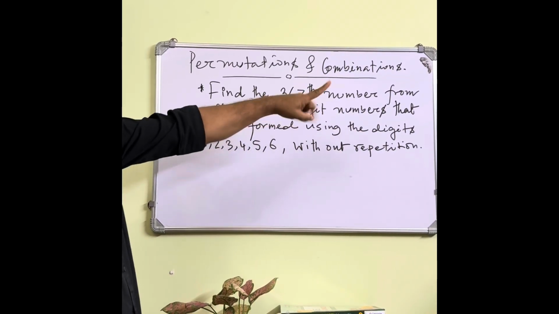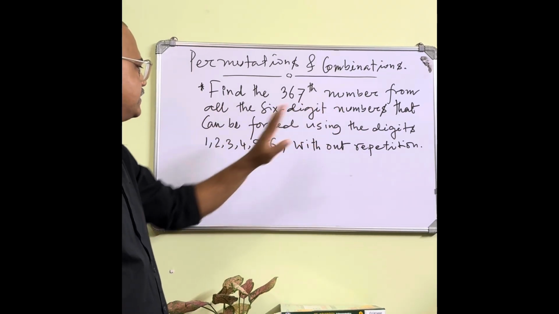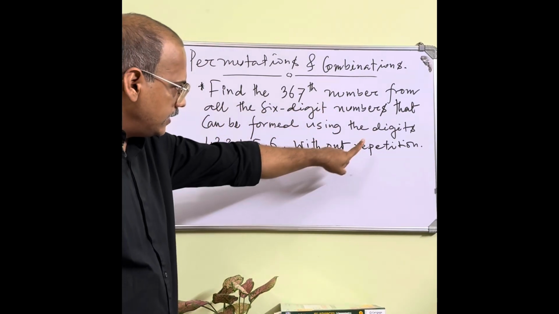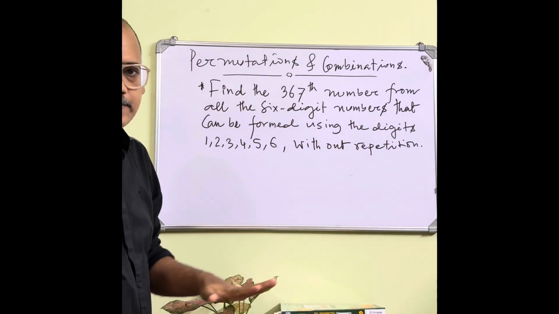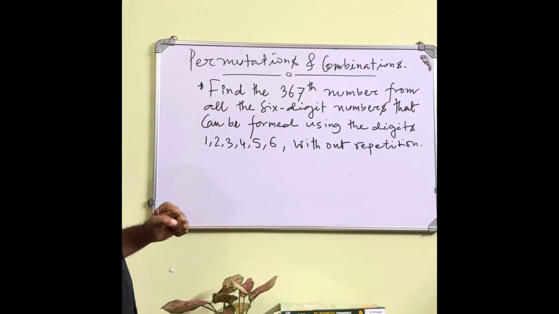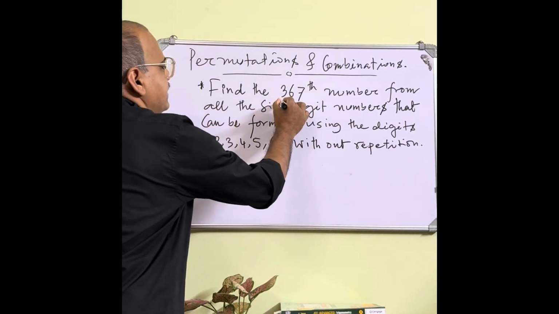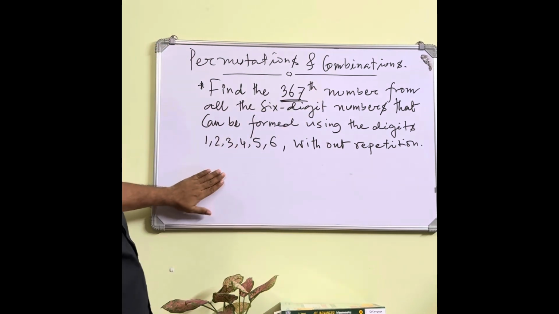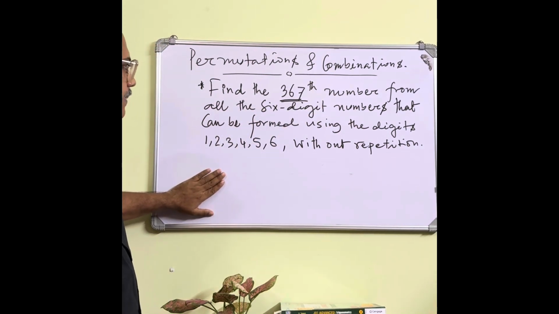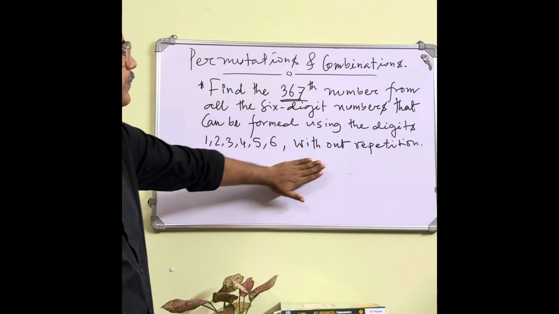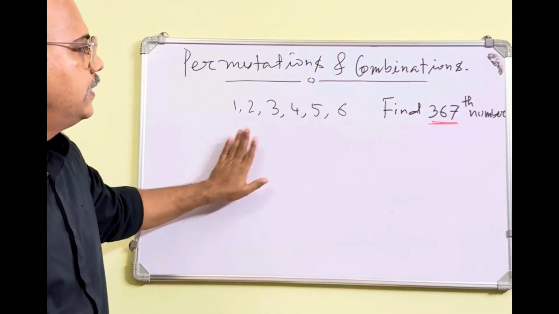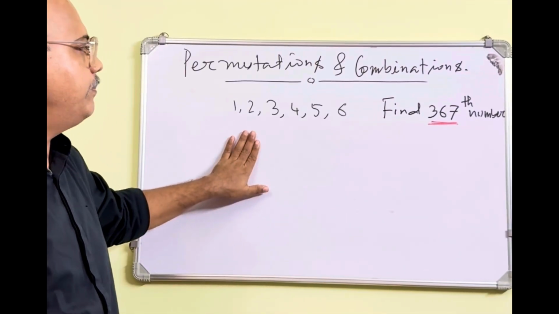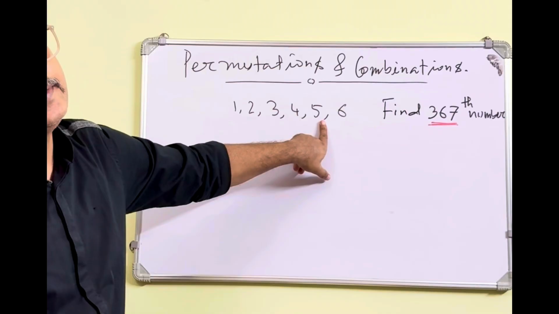Find the 367th number from all the 6-digit numbers that can be formed using the digits 1, 2, 3, 4, 5, and 6 without repetition. So we need to find the 367th number from all 6-digit numbers that can be formed using these digits.